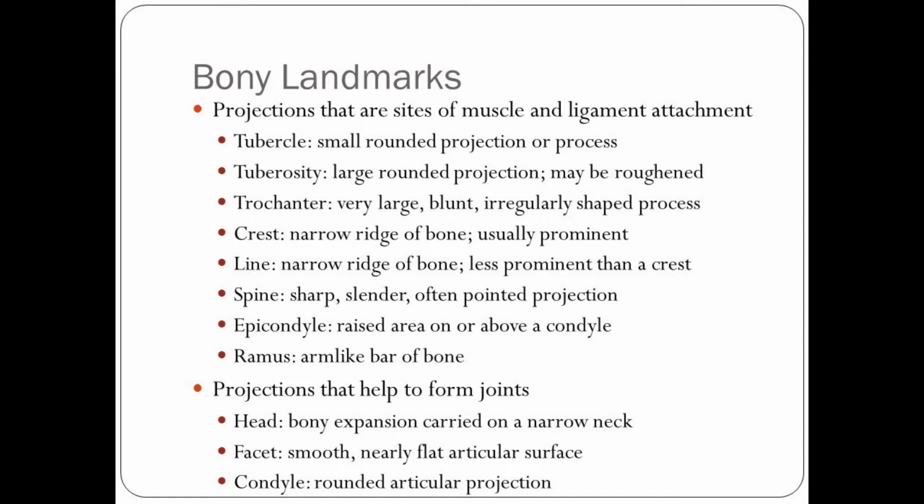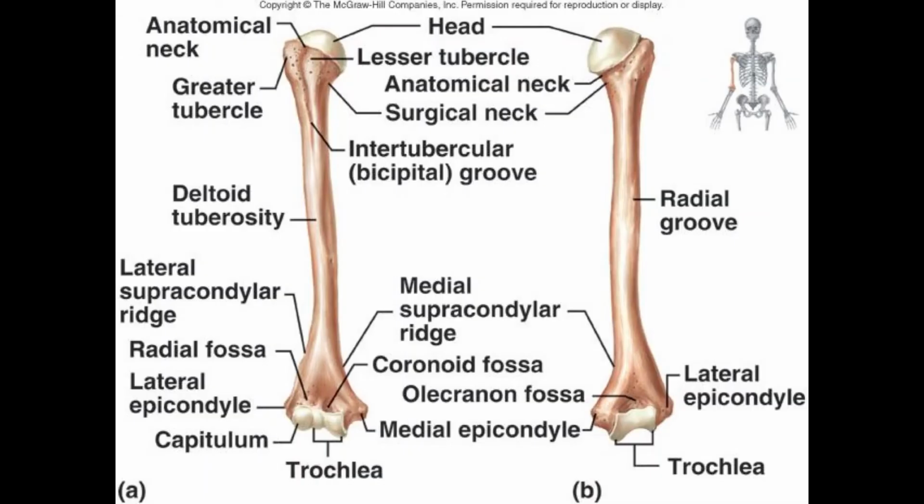It looks like a big ball on a skinny little neck. There is a facet, a smooth, flat surface, like the facet of a rib or a vertebra. There is a process, which is any prominent bony growth that projects, like the olecranon process of the ulna, your funny bone.